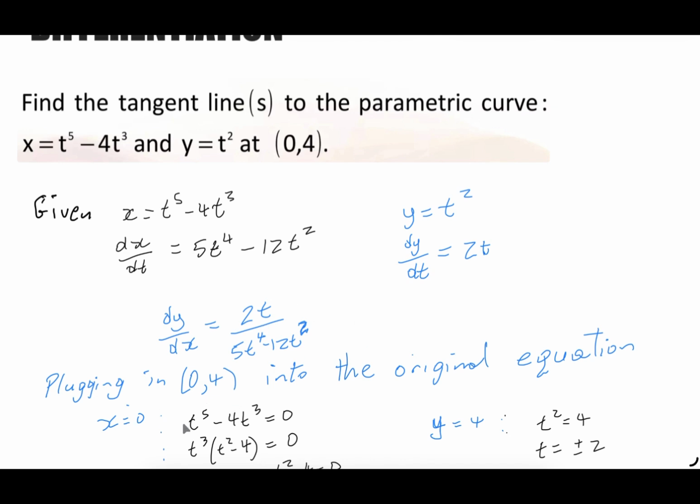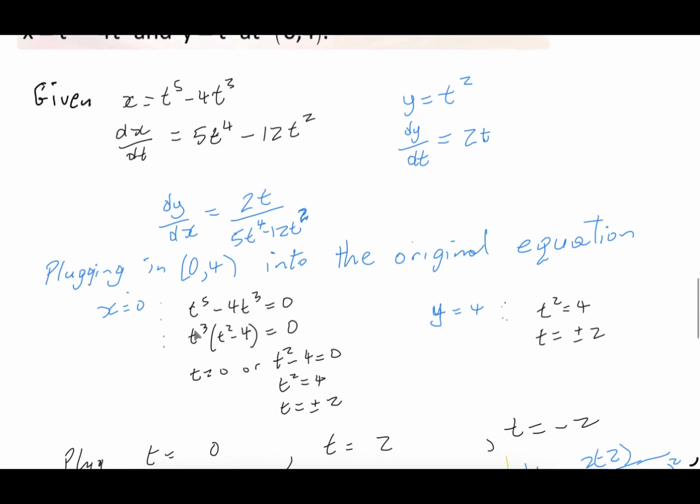So when x equals 0, t to the 5th minus 4t cubed equals 0. If we factor t cubed out, you're going to have t cubed times (t squared minus 4), set equal to 0. So if t cubed equals 0, then t is equal to 0. And if t squared minus 4 equals 0, then t squared is equal to 4, so t will be equal to plus or minus 2.